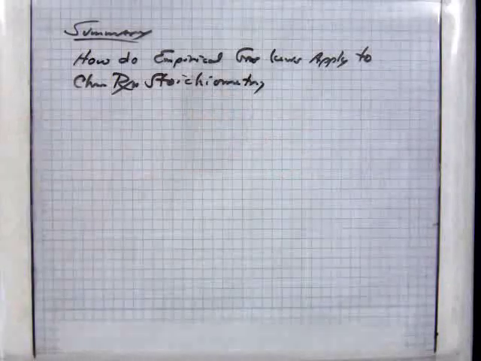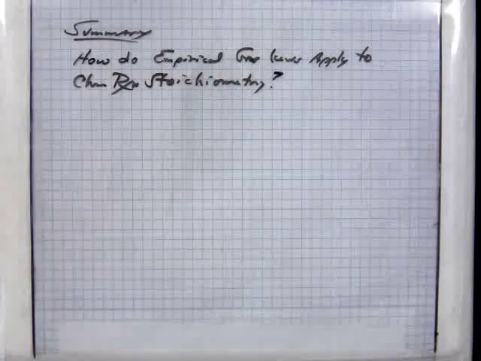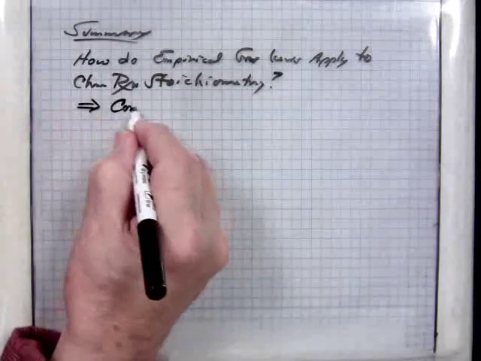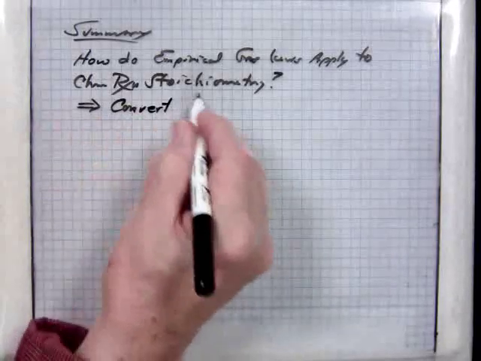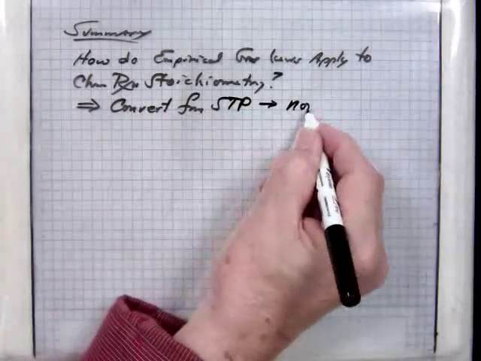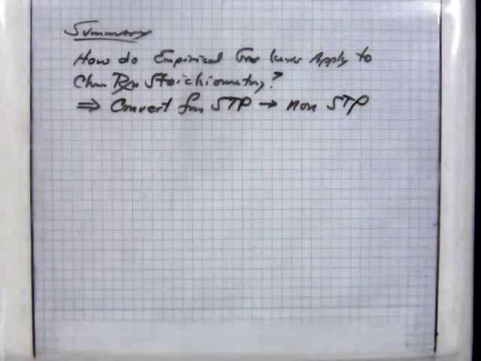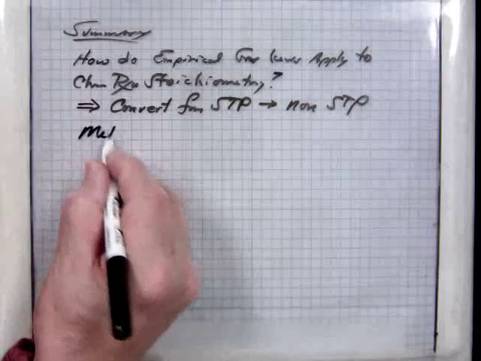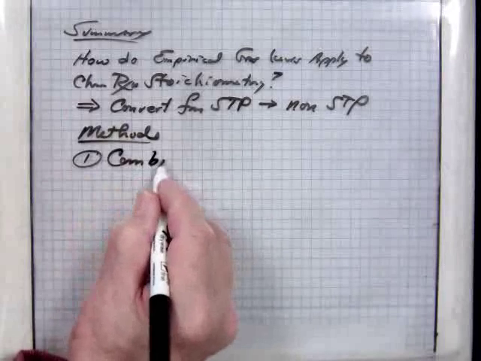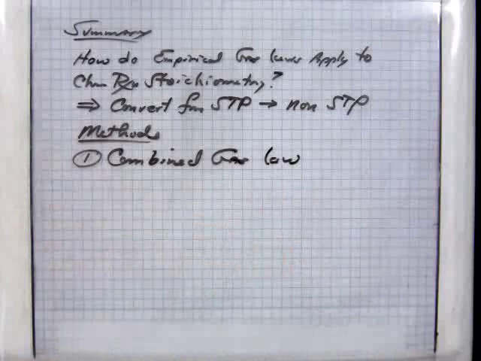And the answer to that question is they're used to convert from standard conditions to non-standard conditions. Now this can be done in one of two ways. One, the combined gas law, and two, of course, the ideal gas law.